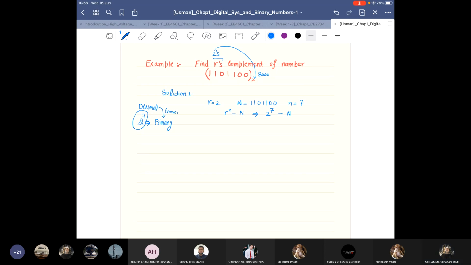Then 2 power 7 is 1 and then 7 zeros, 1 2 3 4 5 6 7. Then minus n. So n is now 0 0 1 1 0 1 1.